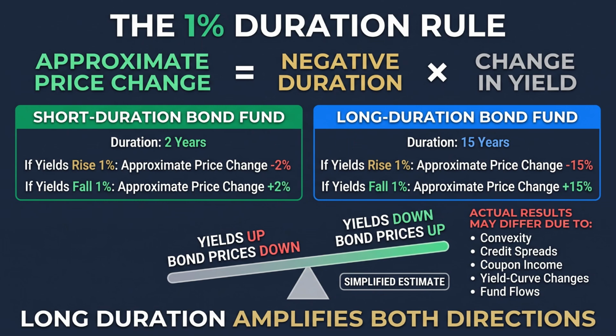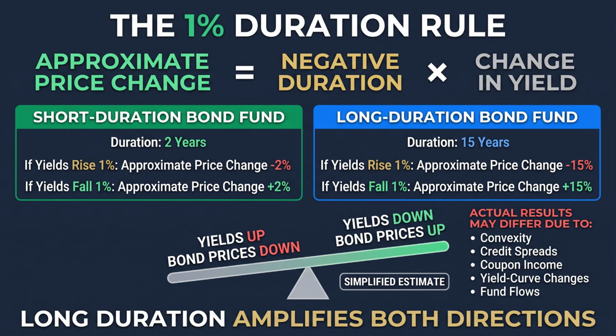This is why a long-term Treasury fund can experience stock-like volatility even though the U.S. government's credit risk is considered relatively low. The investor is not necessarily taking significant default risk. The investor is taking significant duration risk. Short duration limits that sensitivity, but it also limits the potential price appreciation if yields fall.